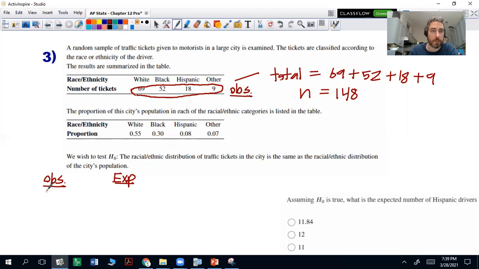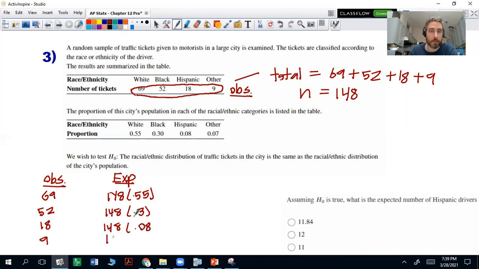So we have 148 times 0.55, and then for 52, 18, and 9 we're going to do 148 times 0.3, 148 times 0.08, and 148 times 0.07.